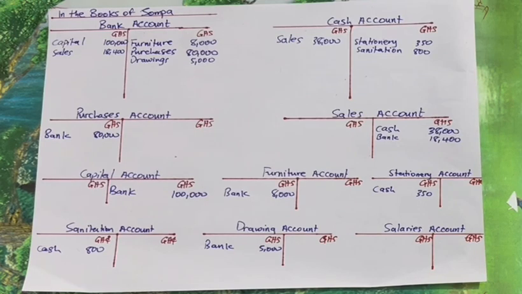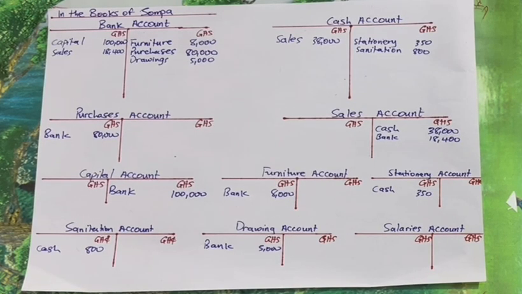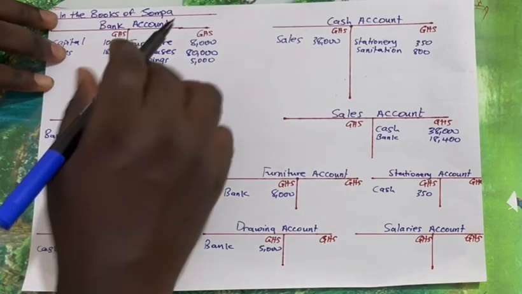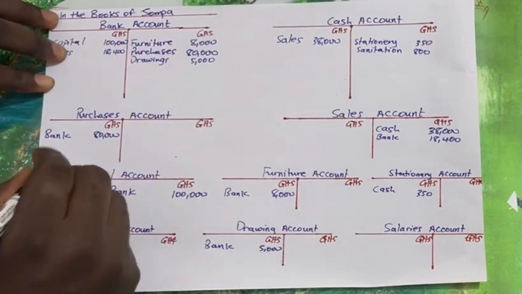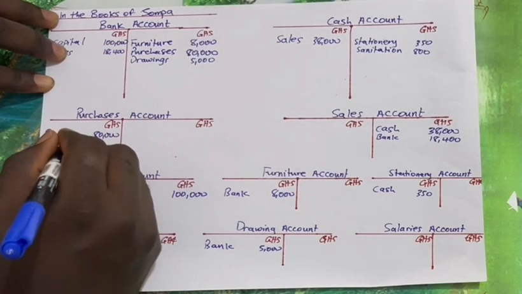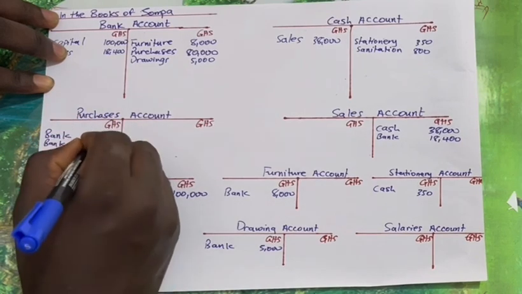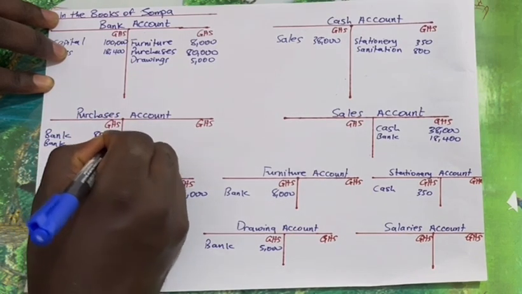Yes. So keep following. Okay, so the next one is purchase goods by check, 70,500. So we have purchases and then check, 70,500. Check is here. So we have bank here, 70,500.